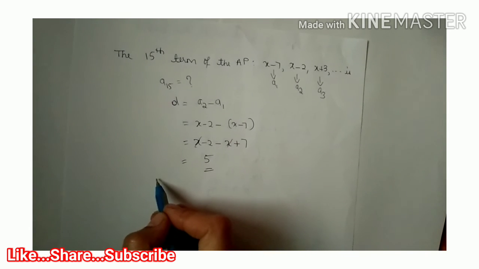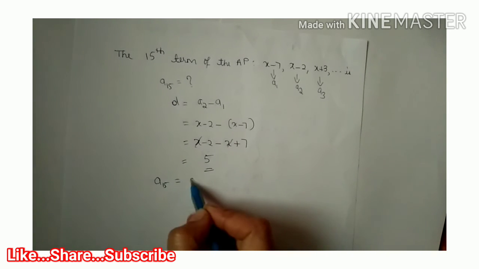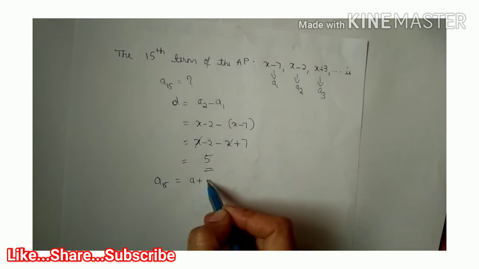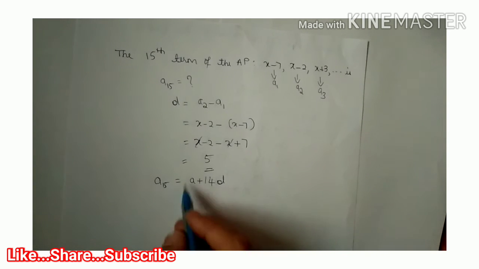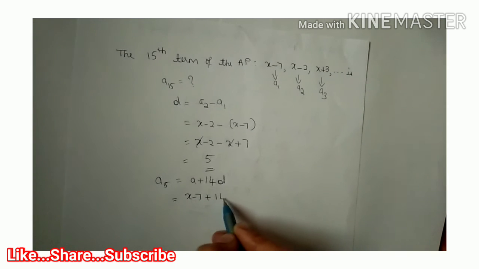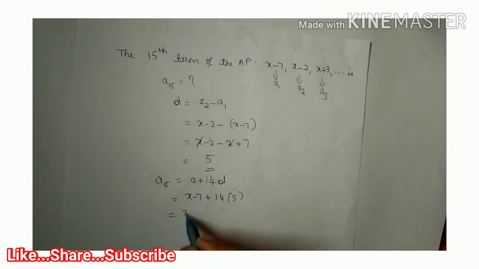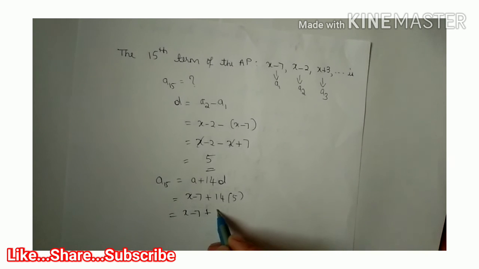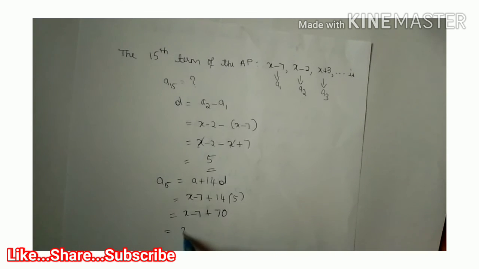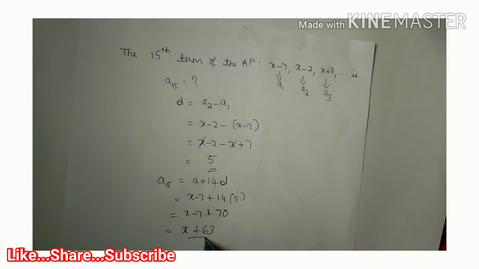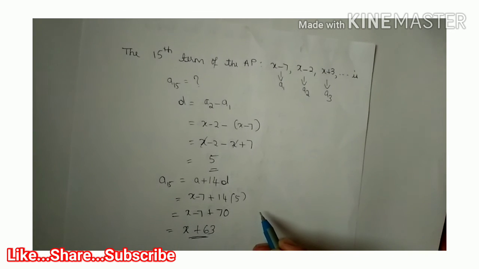The common difference is 5. a15 is a plus 15 minus 1 into d, that is 14d. Here the first term is x minus 7 plus 14 into 5, and 14 into 5 is 70. x minus 7 plus 70 is x plus 63. Therefore, a15, the 15th term of the AP, is x plus 63.